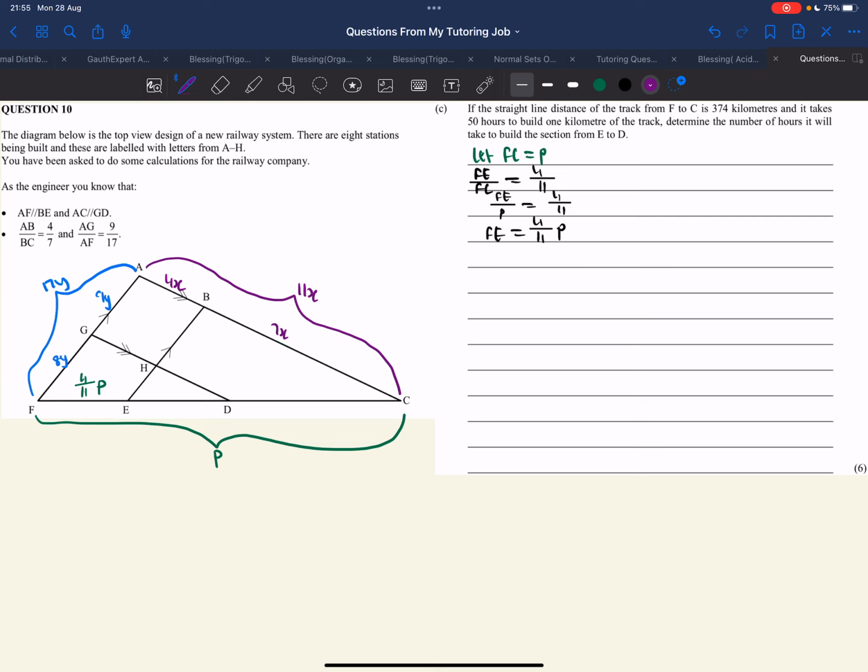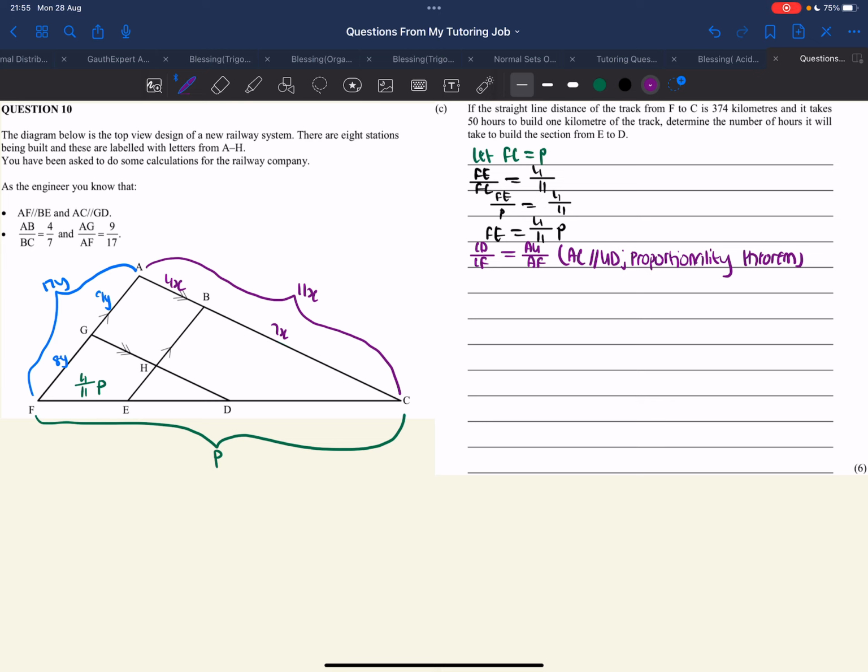I'm going to say that CD over CF will be equal to AG over AF, right? And the reason for that is because AC is parallel to GD, then proportionality theorem.